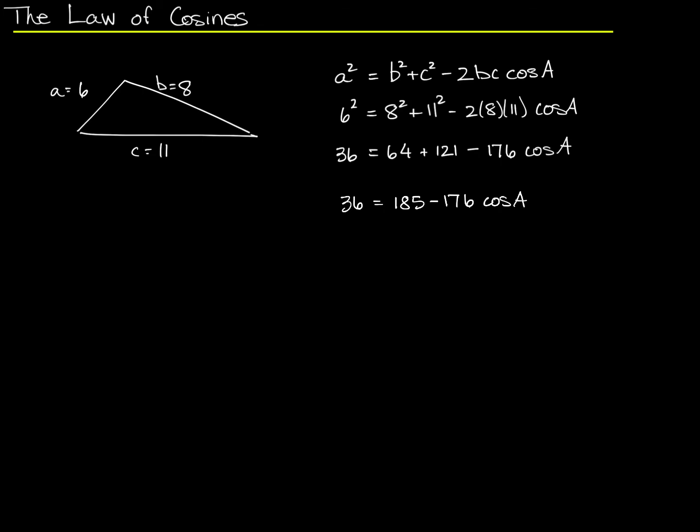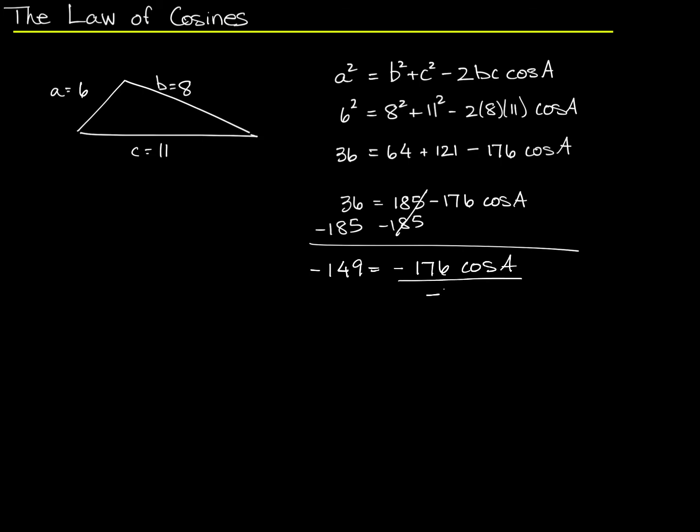I can subtract 185 from both sides, though. That's going to give me negative 149 equals negative 176 times the cosine of A. And then I can divide both sides by the negative 176.